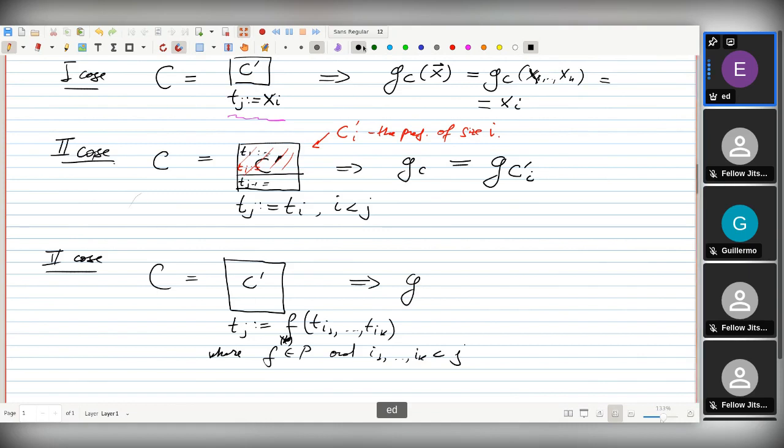Then our behavior is also quite clear. We shall apply f to what? To the values of functions corresponding to these prefixes. So we may take a prefix c prime for every index we have here.